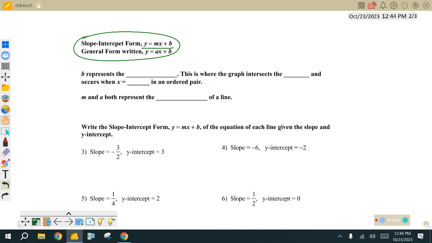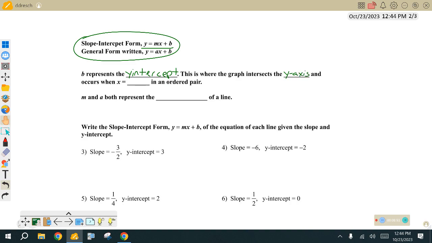That's why we're reviewing it. B, what the variable represents there, is what we call our y-intercept. This is where the graph crosses or intersects the y-axis.